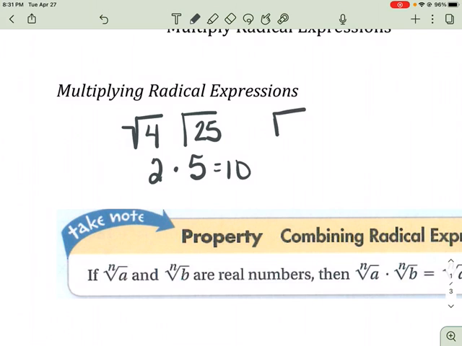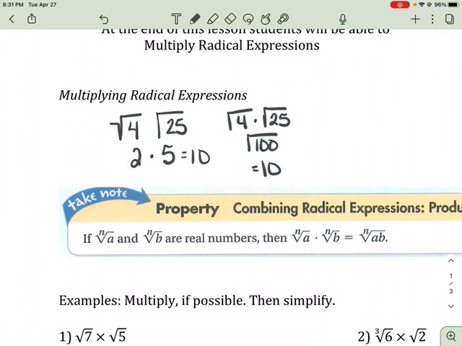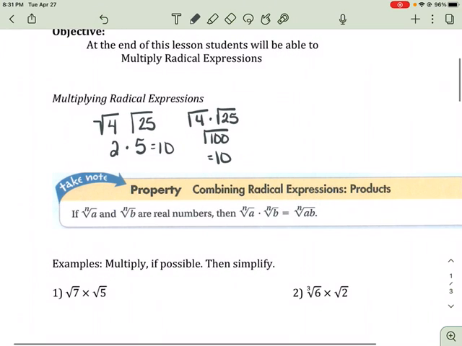But if I take the square root of 4 times 25 and actually do the multiplication, we get the square root of 100, which is also 10. So what that's saying is that if I take two roots and multiply them together, I'm going to get the same answer as if I took the roots individually and then multiplied them. And that's what our property of combining radicals means.